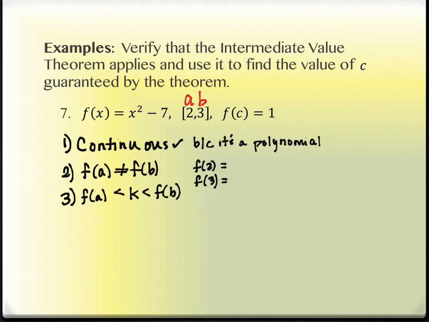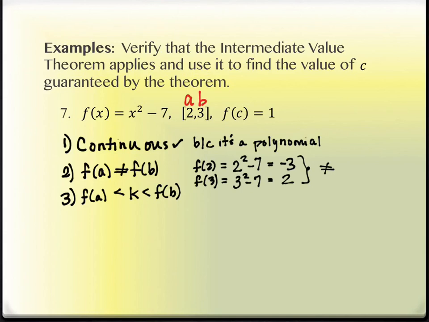So I need to do 2 squared minus 7 and 3 squared minus 7. So what is 2 squared minus 7? It's what? Negative 3. And 3 squared minus 7? 2. And do these match? Nope. So these are not equal. So that's sort of like check step number 2.